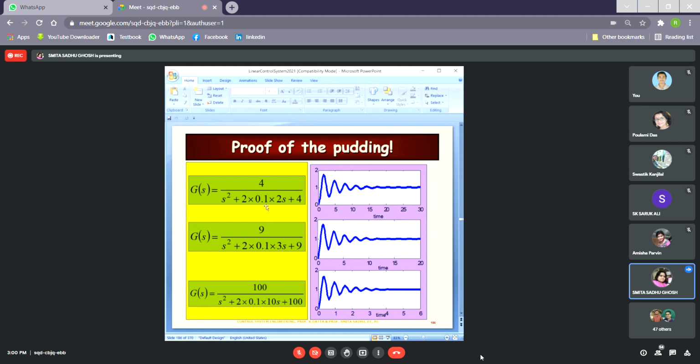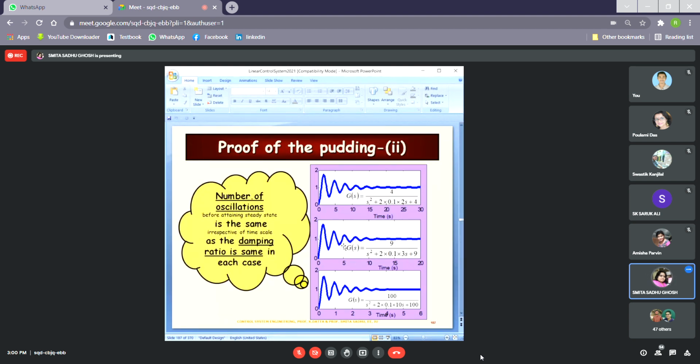The number of oscillations before they get damped out or reach steady state is the same in the three cases, right? This is going to give you a feel about the significance of the damping ratio and the fact that it is actually a ratio and not dependent on the time scale.